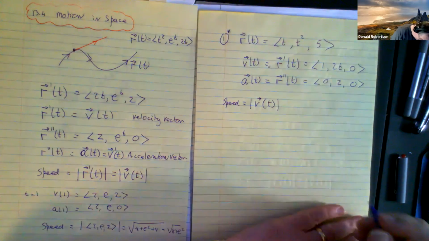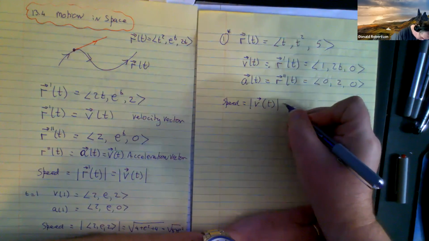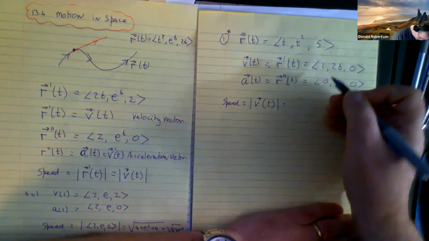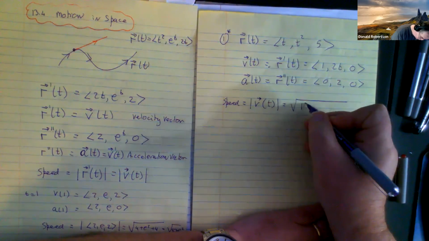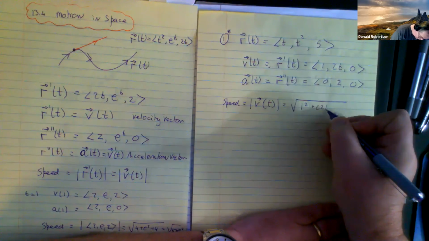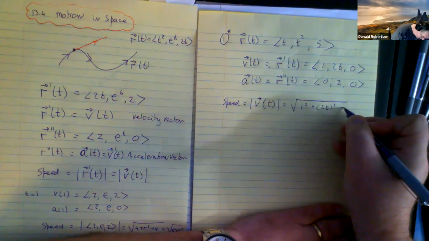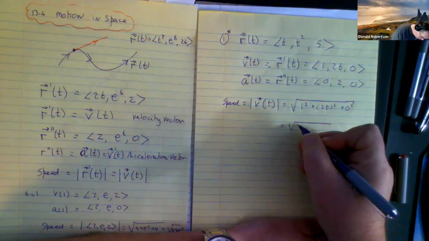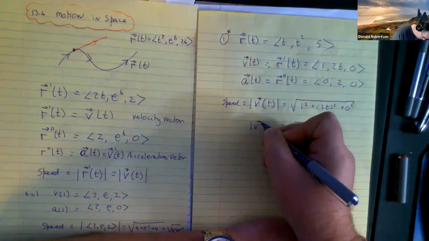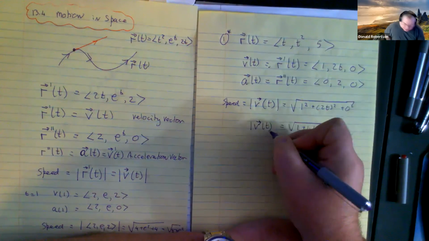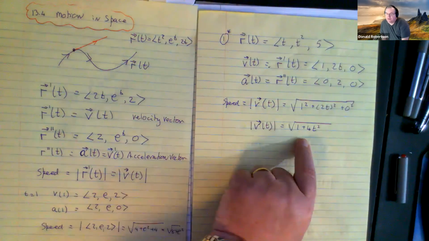And the speed in this case is the square root of that guy. So it's 1 squared plus 2t squared plus 0 squared. And that's the square root of 1 plus 4t squared. And that is the answer.